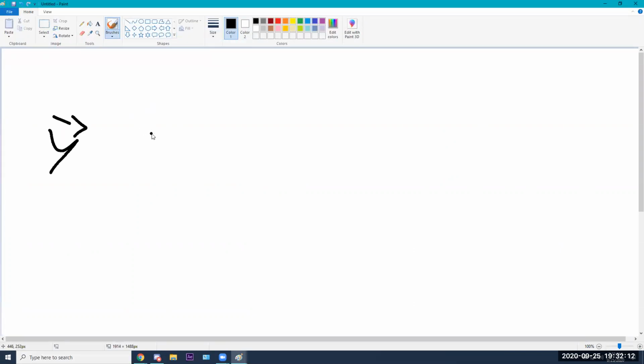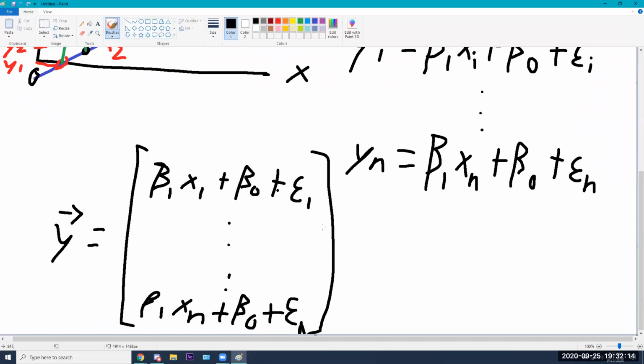And if you go back to this one, I'm not sure how many of you know what matrix multiplication is, but I don't think we have time to explain how it works.